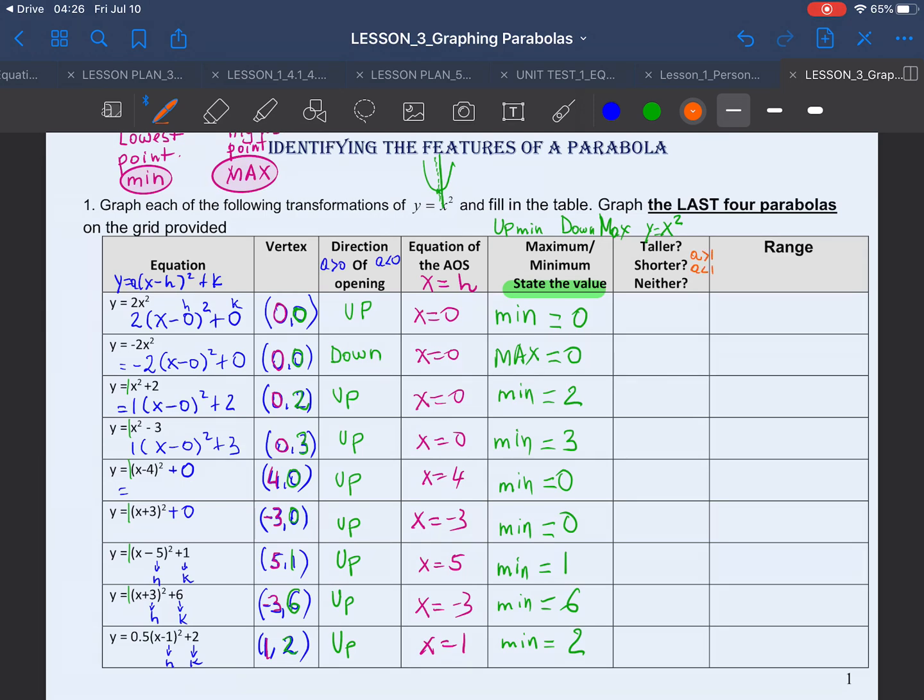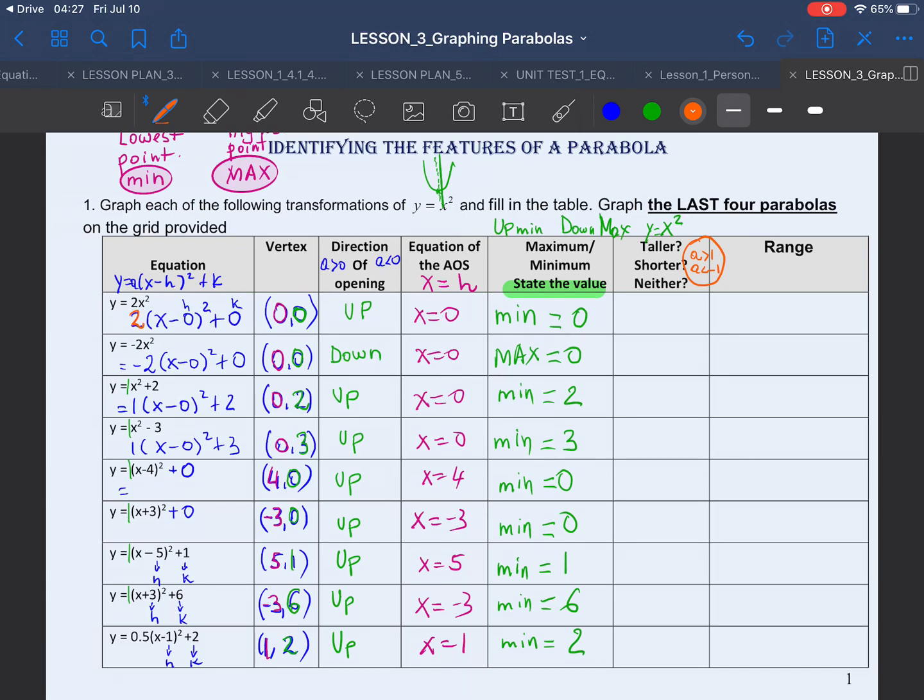All right, so if the coefficient a is bigger than 1 or less than negative 1, it will always be taller, right? Remember the little chart if you have already taken a look at it. And if it is between -1 and 1, but not equal to, it will be shorter. At 1 or -1, no changes have occurred.